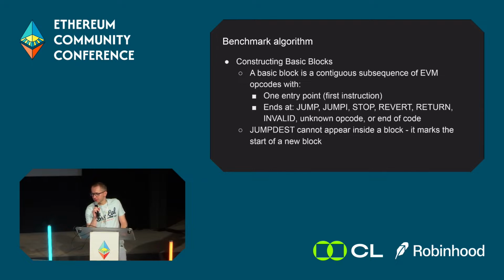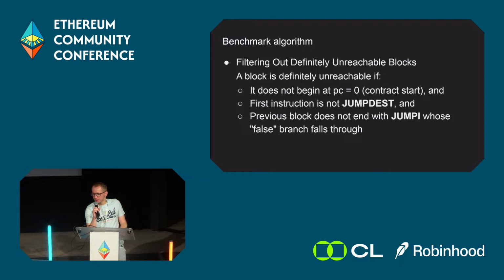By definition, a basic block is a continuous subsequence of EVM opcodes, and we can filter out definitely unreachable blocks. Usually it's just the metadata at the end of the contract, but sometimes old compilers produce more definitely unreachable blocks, especially early versions of the Solidity compiler.